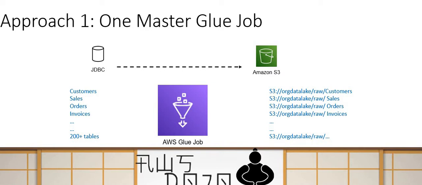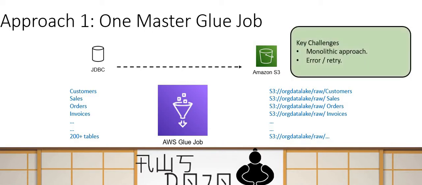Definitely, it's going to be a very big script. That's a drawback, but it's also going to be a single job which takes care of everything. This could be one approach. It works, but it comes with certain key challenges.